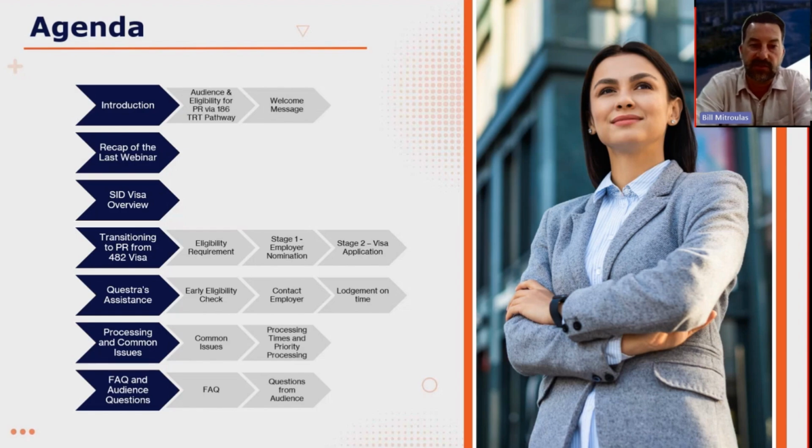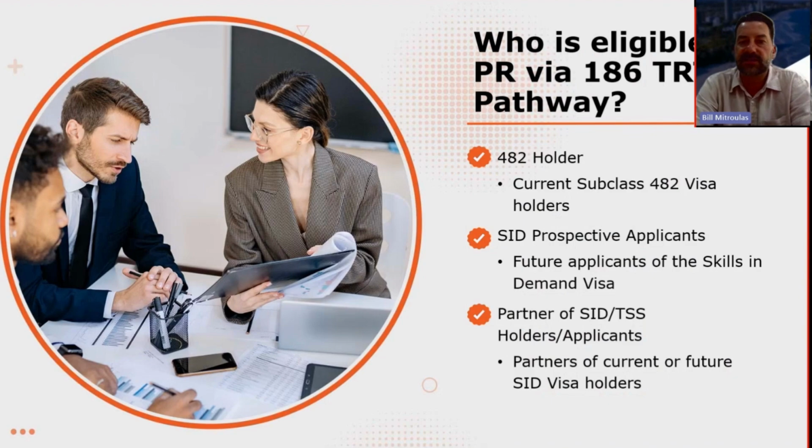All right, so anyone who is a holder of a 482 visa, either in the short-term stream or the medium-term stream, would be eligible for PR via the 186 TRT pathway. Anyone who's a holder of a Skill in Demand visa or a prospective Skill in Demand visa applicant, so any future applicants of the Skill in Demand visa, will be eligible for the 186 TRT pathway.